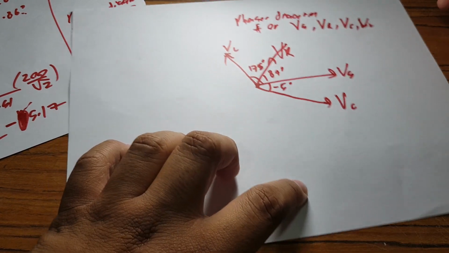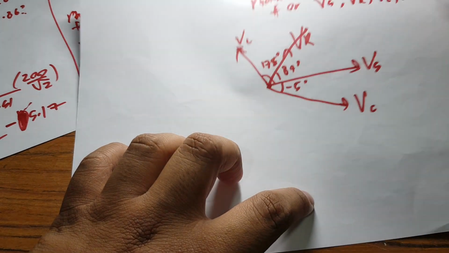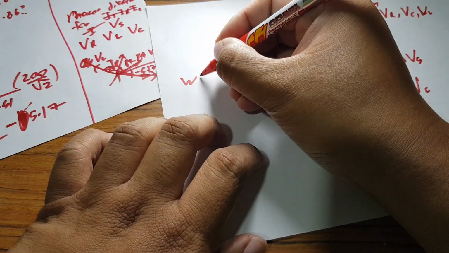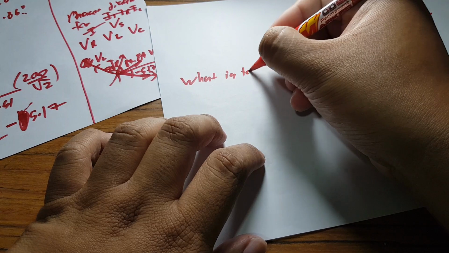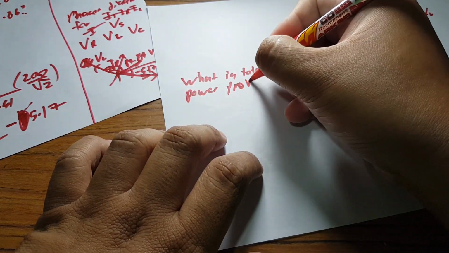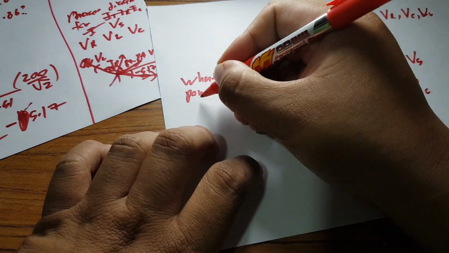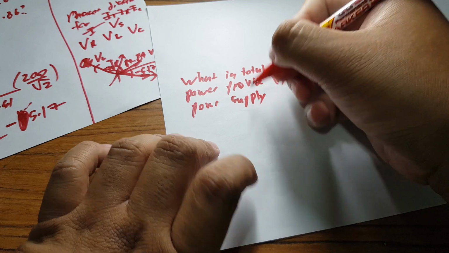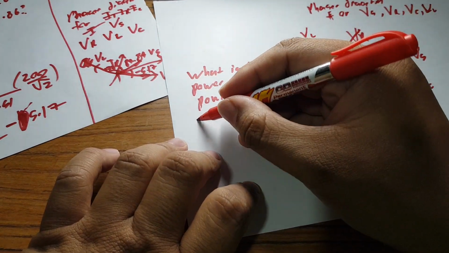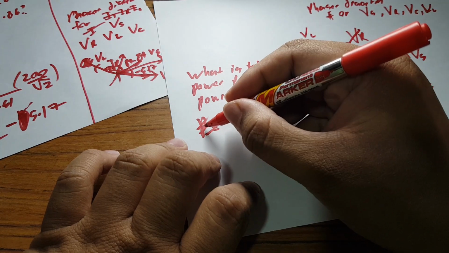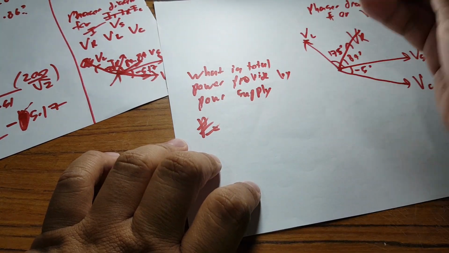And lastly, you have to calculate the power. So what is the total power provided by our supply? So this one you just P equals to, so depend what total power.